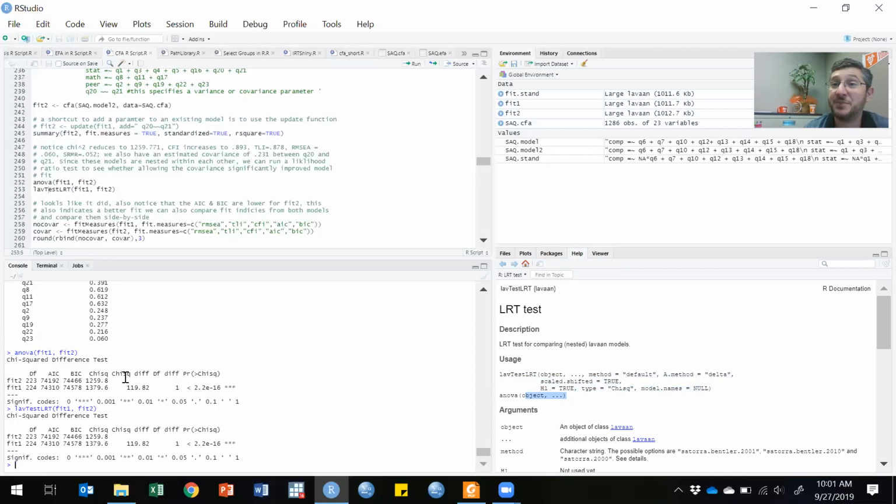Since the models are nested within each other, we can compare the log likelihoods between them with the chi-square test, and the model with the lower likelihood fits the data better. So you can see model 2, where we added the covariance, fits the data significantly better than the model without it. You can also notice the AIC and BICs are both lower for fit 2 than for fit 1.